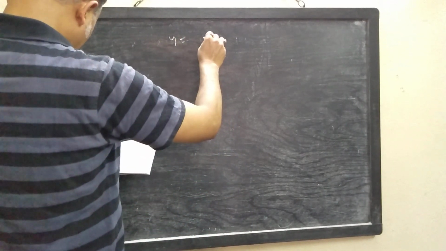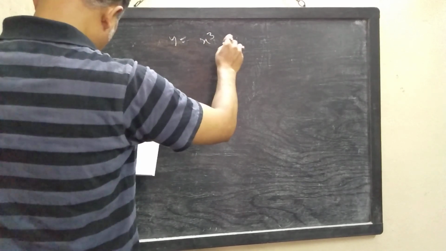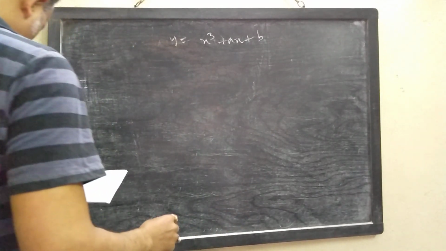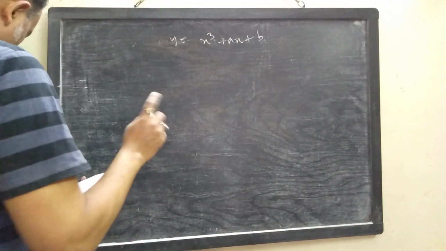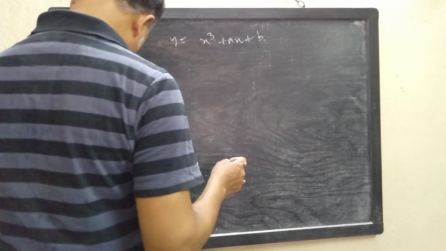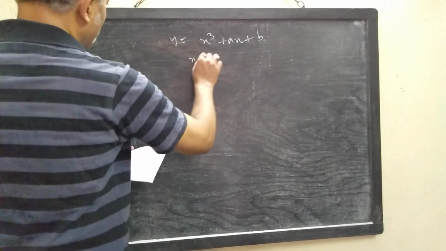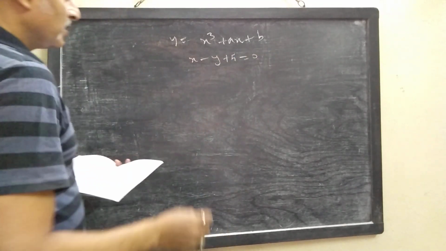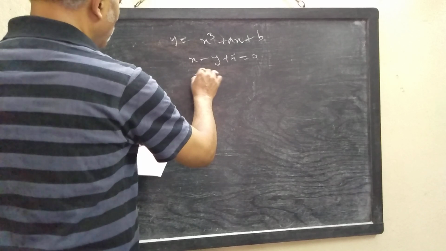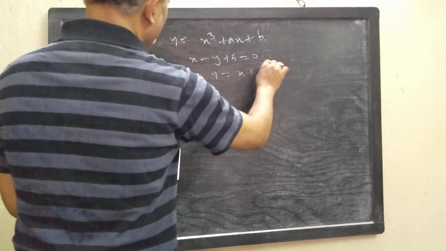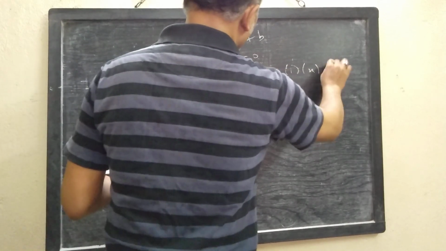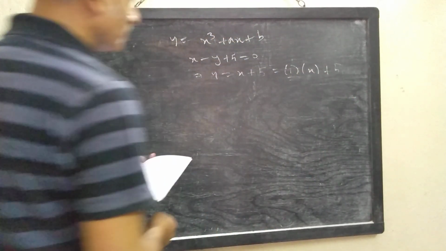The equation of the given curve is y equals x cube plus ax plus b, and the tangent to this curve at 1, minus 6 is parallel to the line x minus y plus 5 equals 0. So write down this line in slope intercept form. You get y equals x plus 5, that is 1 into x plus 5. This one is the slope of this line.